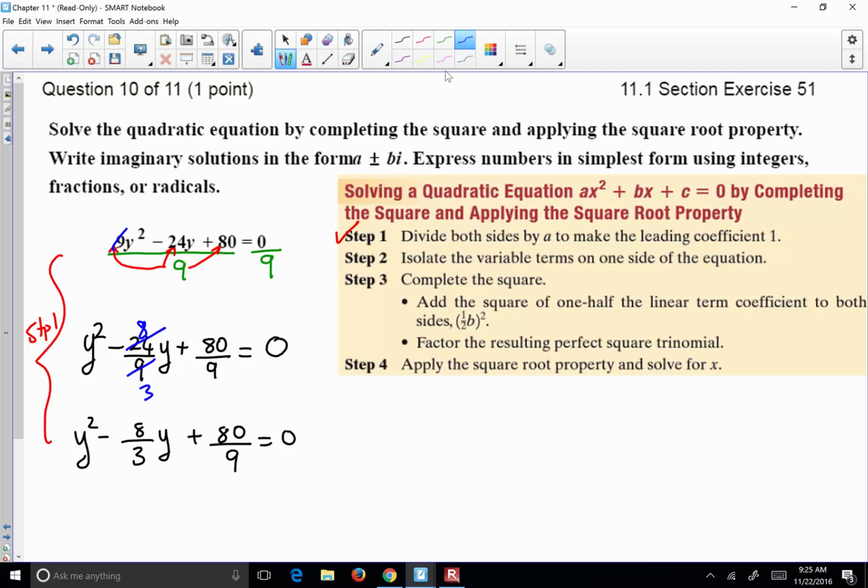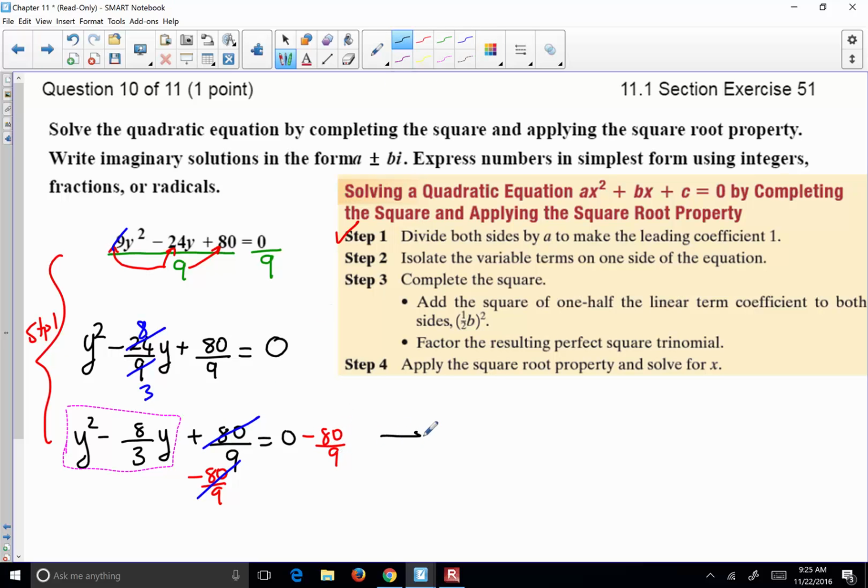Isolate the variable terms. Mark the variable terms here and get rid of everything next to this box. What is it? 80 over 9. How do I get rid of it? I subtract 80 over 9 from both sides. Cancel, cancel.